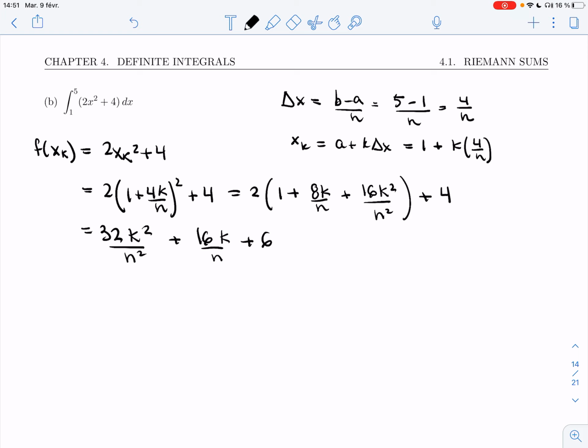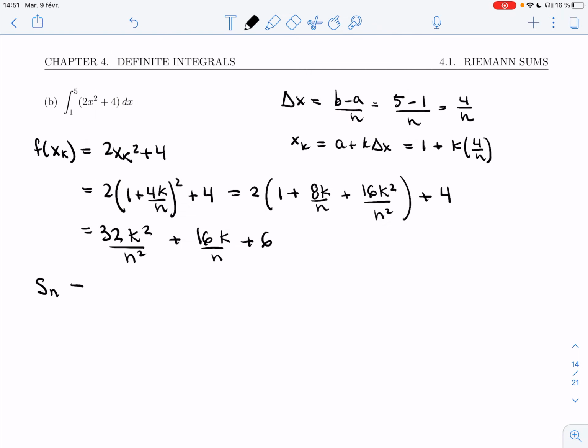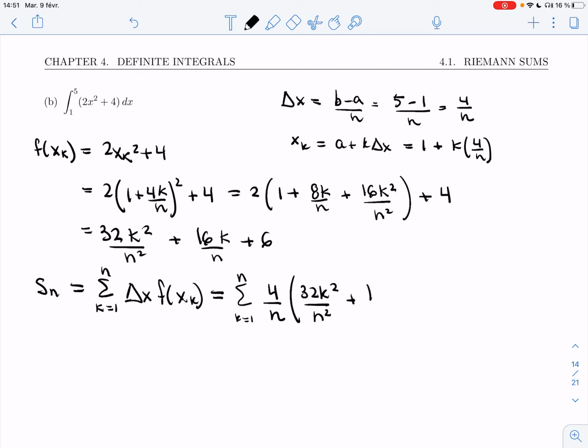All right, so that's my function f of xk, and then I want to compute Sn. So that's going to mean summing delta x times f of xk. Delta x is 4 over n, and then f of xk, we simplified it already. It's 32k squared over n squared plus 16k over n plus 6.